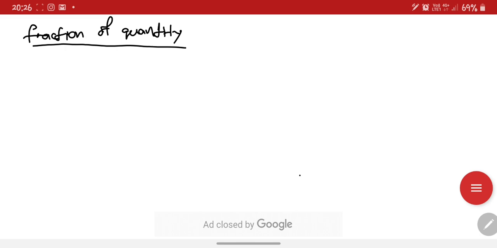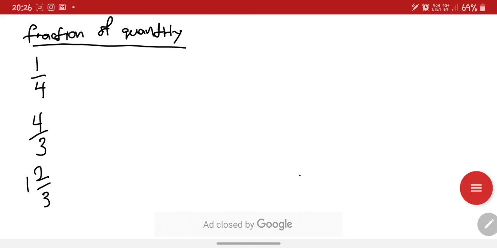So we have learned about fractions. We know that a fraction can be written as a proper fraction, 1/4, or an improper fraction, 4/3, or it can also be written as a mixed number, which is a whole number and a proper fraction.